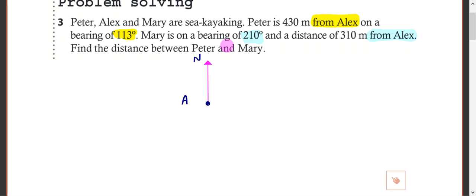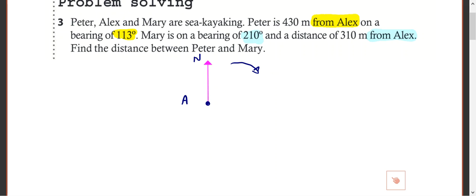Because if I face north and do 65 degrees from north, I could be that way, or I could be somewhere else completely. So do you know what the second rule is? We measure from north, and we measure clockwise.